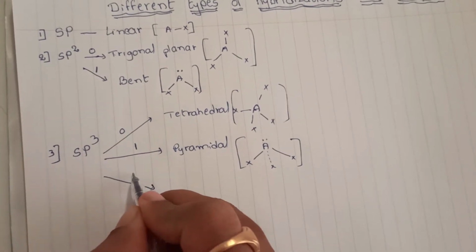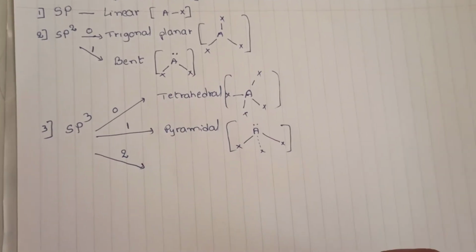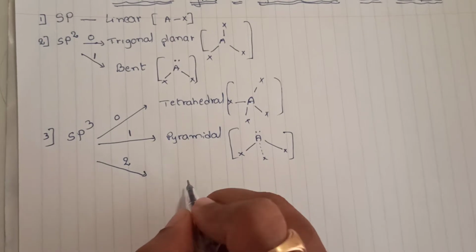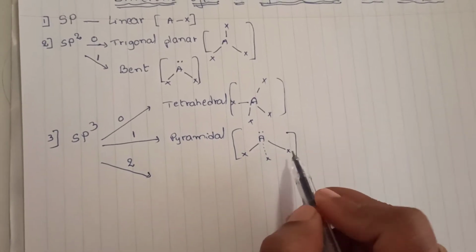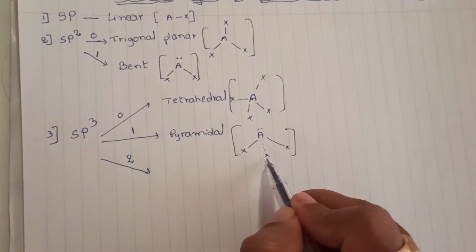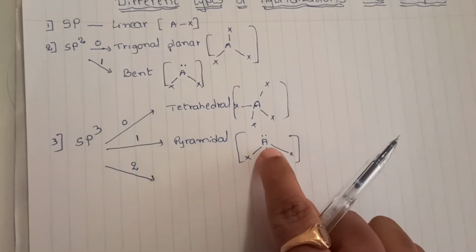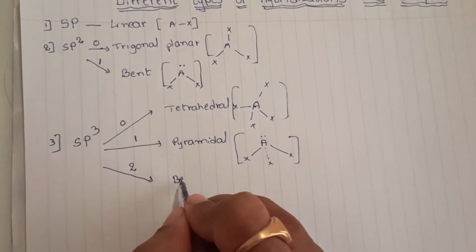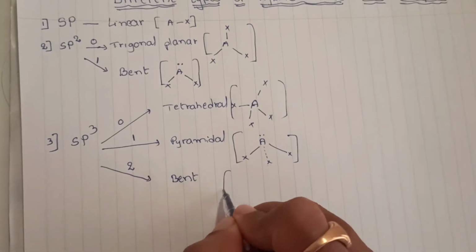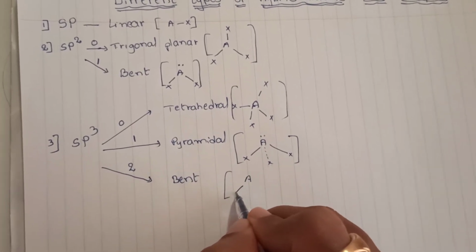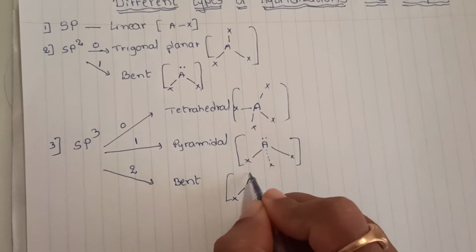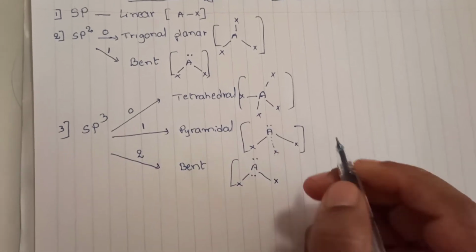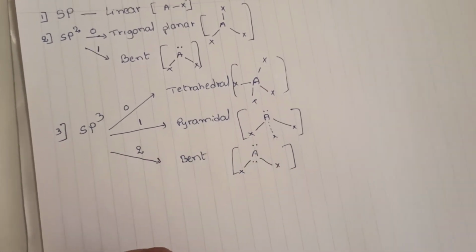Similarly, there is a chance to have two lone pairs also. In that case, for the geometry of the molecule, one more position is replaced with a lone pair. Just remove this, and it becomes bent. The molecule shape will be bent, with 2 atoms and 2 lone pairs on the central atom.